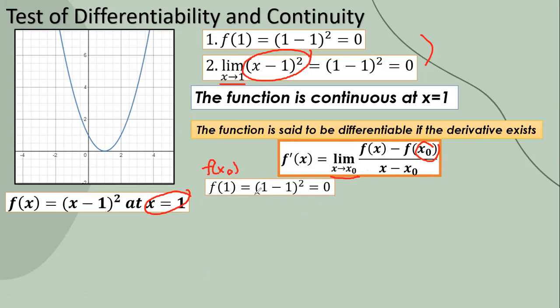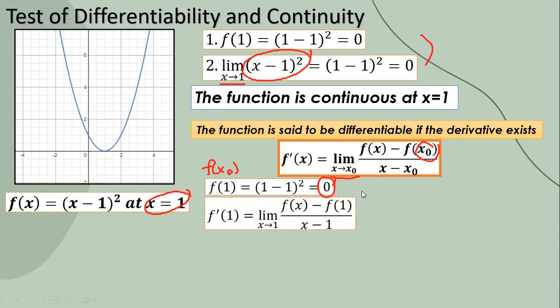That is equal to f of 1 equals 1 minus 1 squared, which is 0. All right. So we have already found f of x sub 0. Next, substituting, f prime of 1 is equal to the limit of f of x minus f of 1 over x minus 1 as x approaches 1.